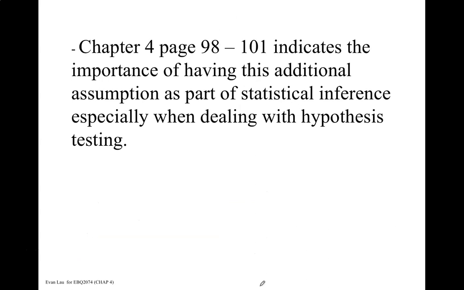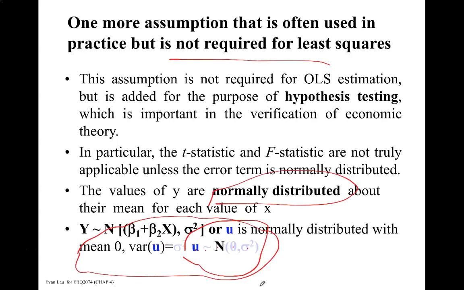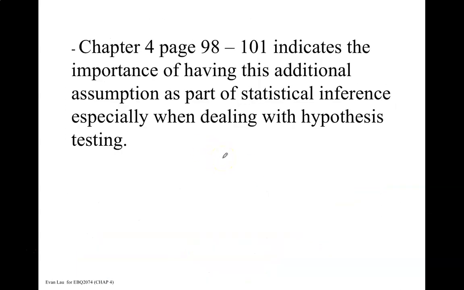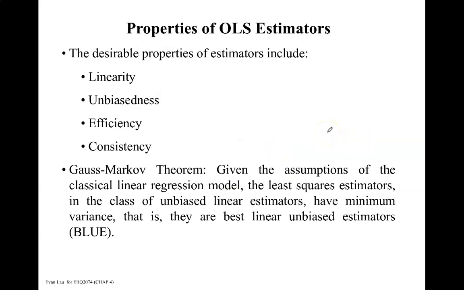The normality assumption is also important. We are going to test this normality, whether the error term is normal, using a simple test called Jarque-Bera, or JB in short. This has nothing to do with Justin Bieber. The JB test tests the normality assumption, especially when dealing with hypothesis testing.